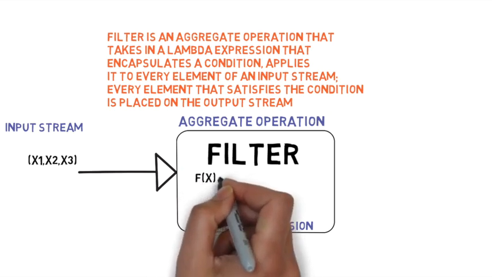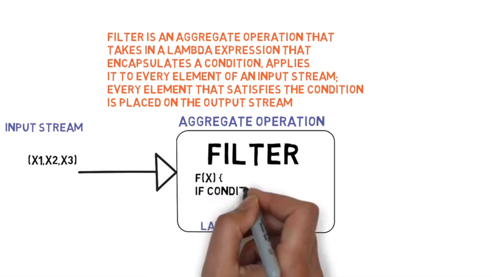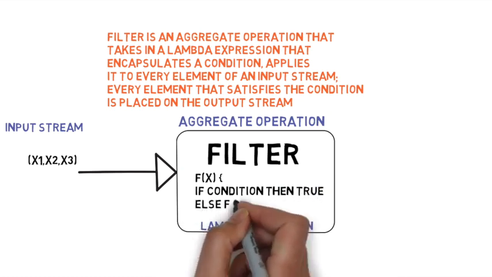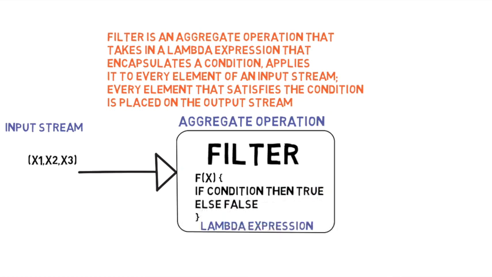So the f of x associated with a filter aggregate operation is usually of the type if condition then true, else false. Now, this condition can be applied to every element that comes in the input stream. The elements are filtered, that is, only those which satisfy the condition move over to the output stream. The rest are simply, you can imagine them as being swallowed by the filter operation.